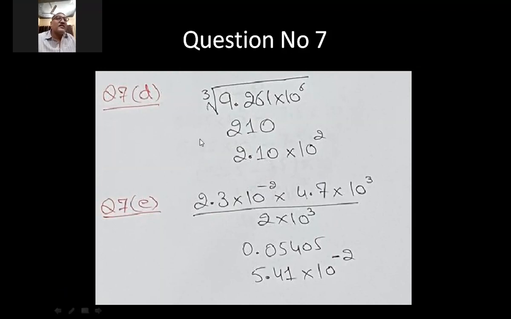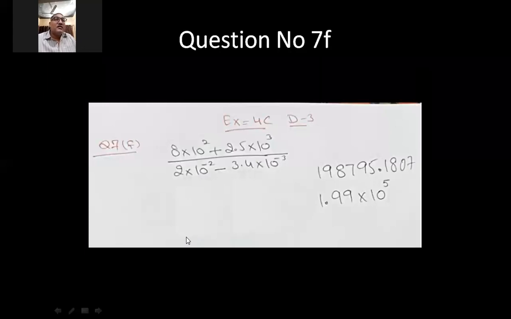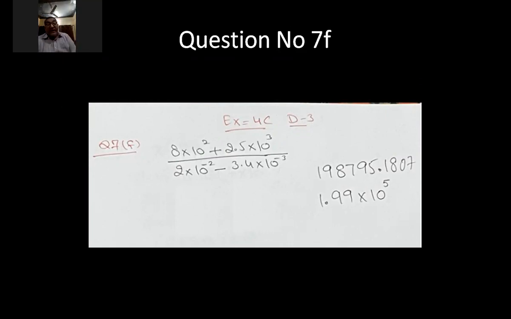Okay, let's start the next part. In this part, you can see upstairs and downstairs. Upstairs we have addition, downstairs we have subtraction. So you can do this in the calculator. Very simple. In your calculator, you will write 8 expo 2 multiplied by 2.5 expo 3 equals.